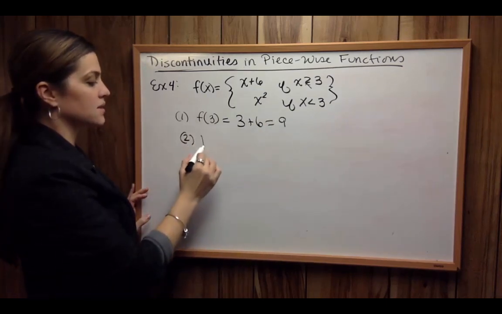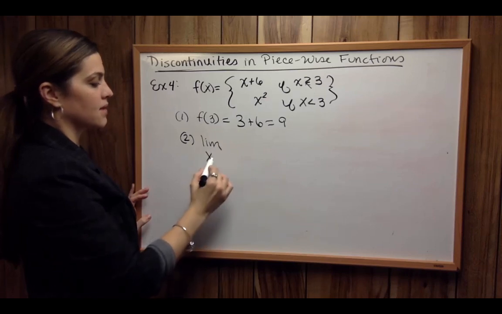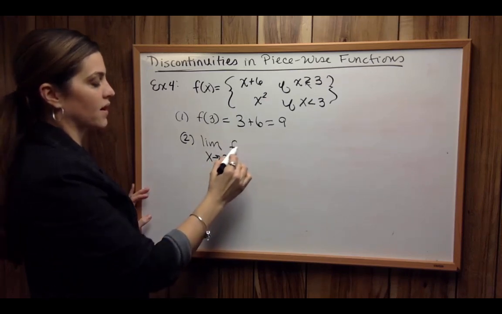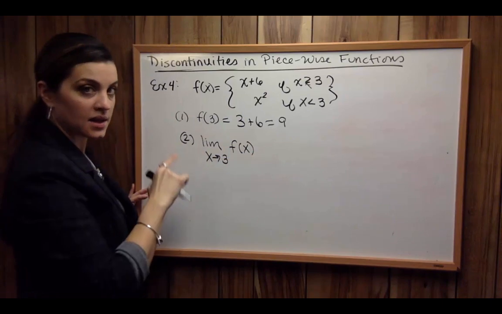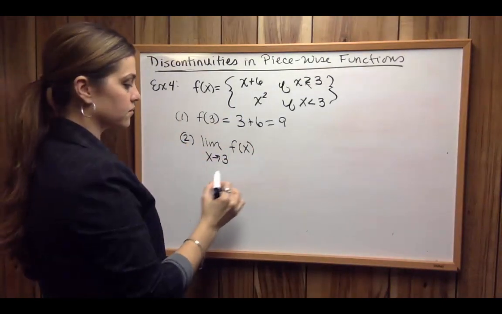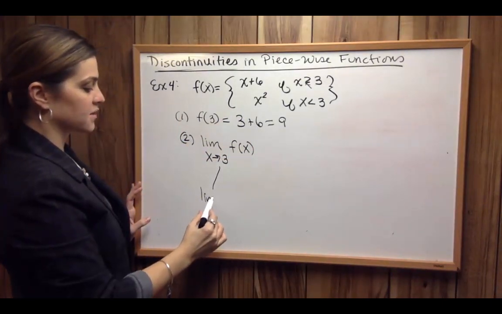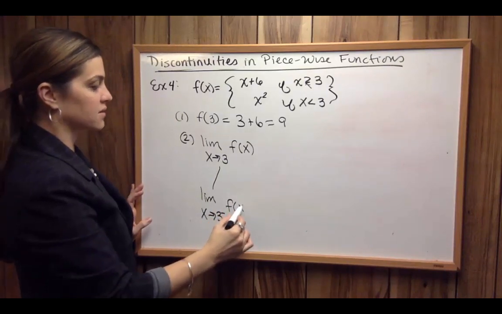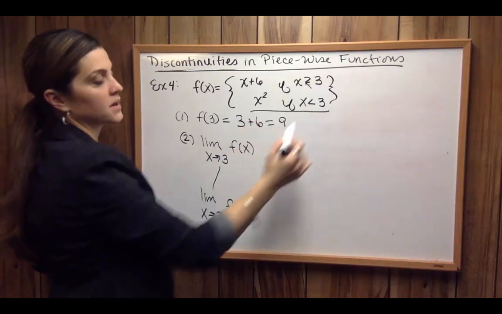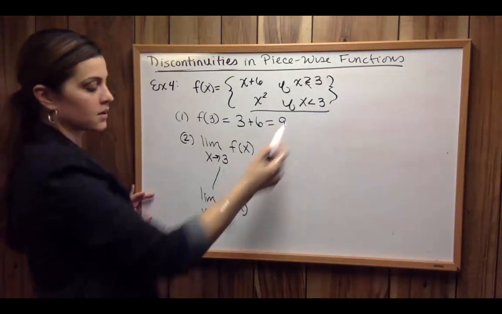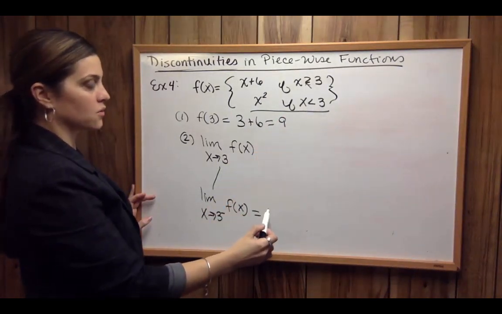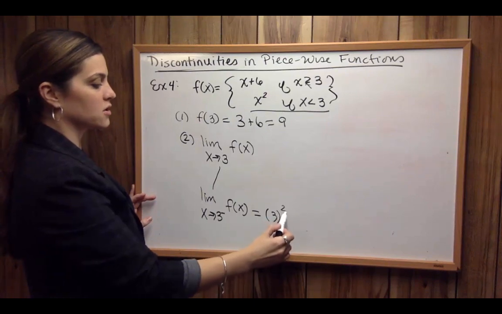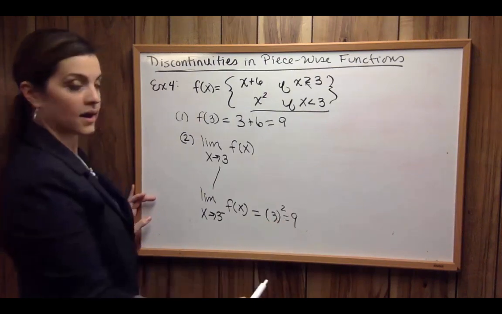The second law says to find the limit as x approaches 3 of f of x. Remember, the limit on the left must equal the limit on the right. The limit as x approaches 3 from the left is determined by the bottom piece, x less than 3, so when you substitute 3 into the function, you get 9.